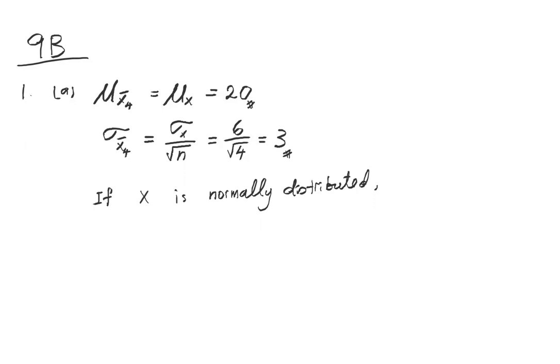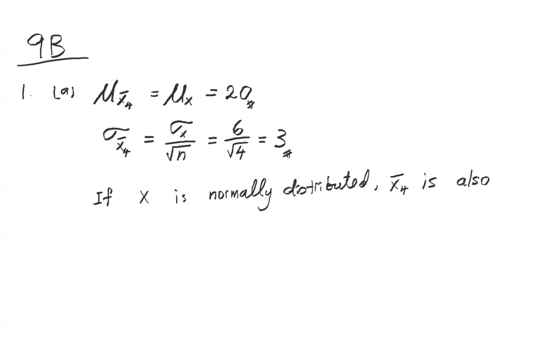If X is normally distributed, X bar 4, the sample mean variable of sample size 4, is also what? According to the central limit theorem about the shape, it is also what?